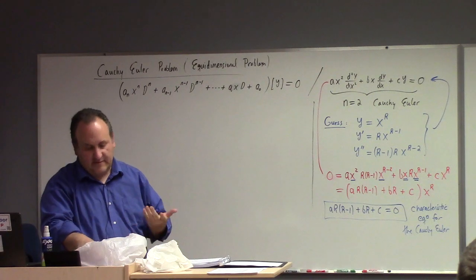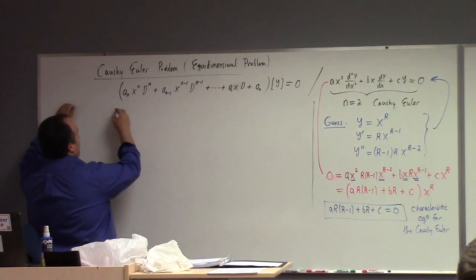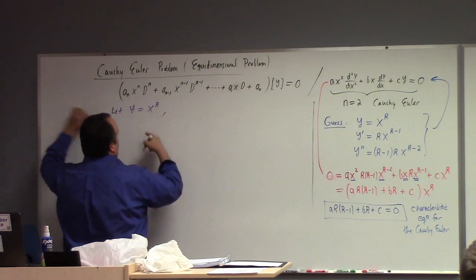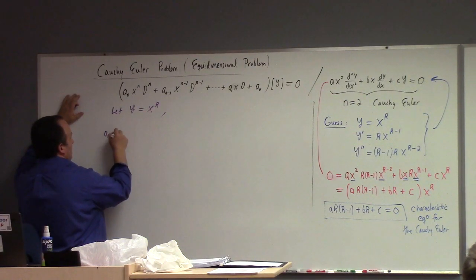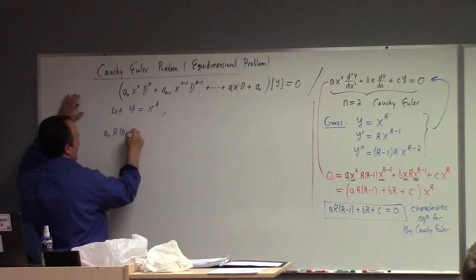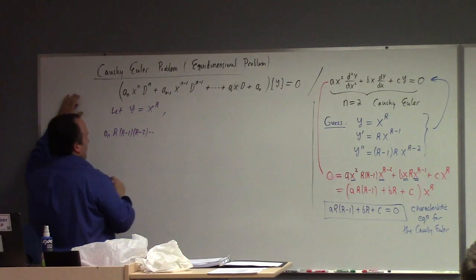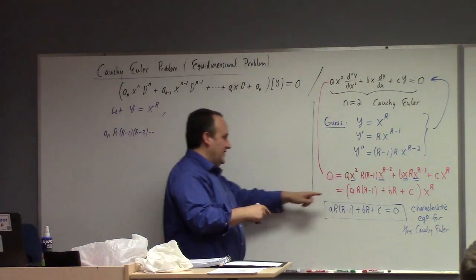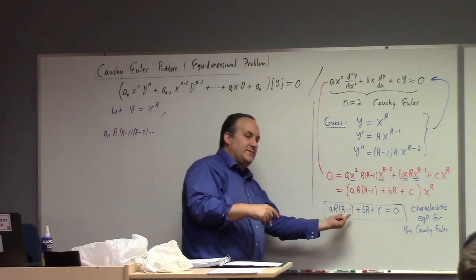Well, it's the same thing, right? You let y equals x to the r, and then what you're going to get is a_n times r times r minus 1 times r minus 2, and so forth and so on. How many factors did I get over here? I got one less. I had a y prime prime, and I went all the way down to r minus 1.